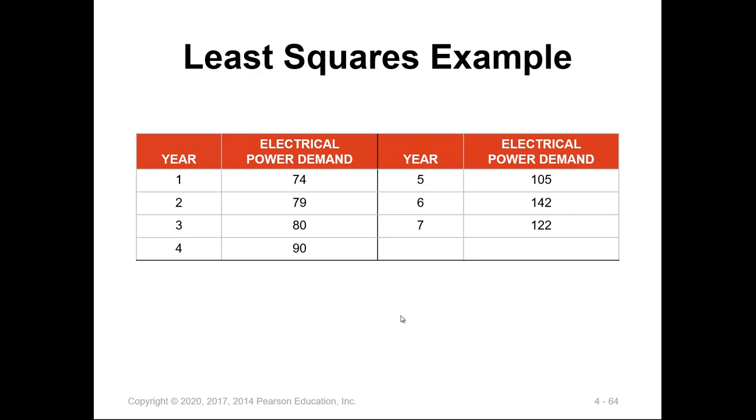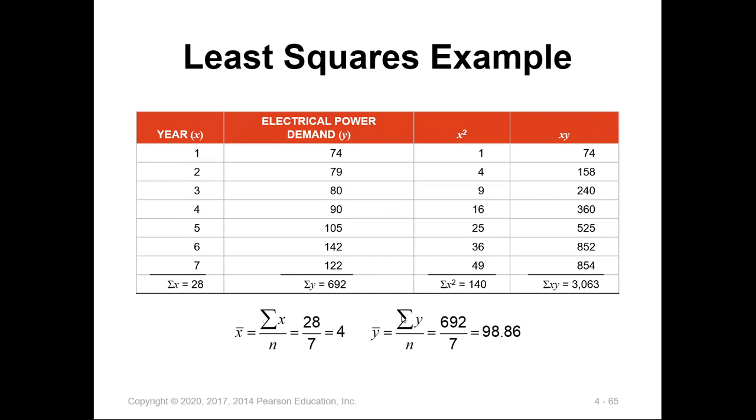The demand for electrical power, and this is an example, the demand for electric power at NY Edison over the past 7 years is shown in this slide. So we have the demand here. The firm wants to forecast next year's demand by fitting a straight line trend to these data.